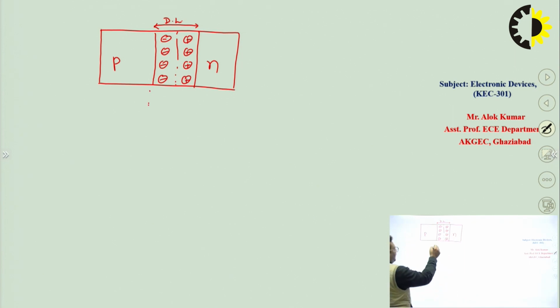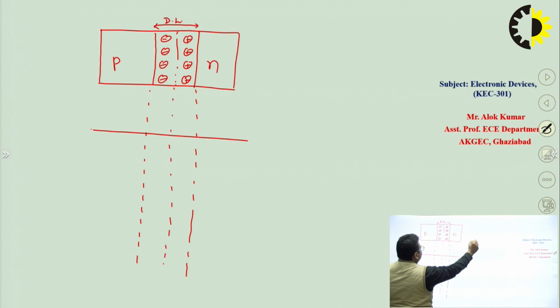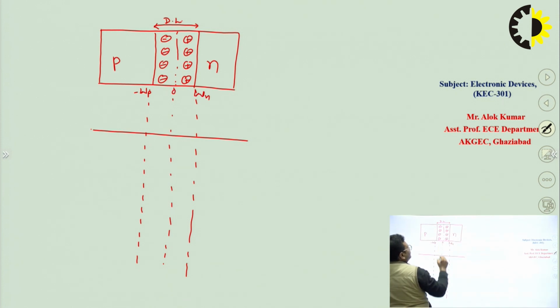Now let me draw the charge density. Here I can assume this is minus Wp, this is Wn, and here this is 0. So x is 0 at the junction, x is equal to minus Wp at one end, and x is equal to Wn at this end.